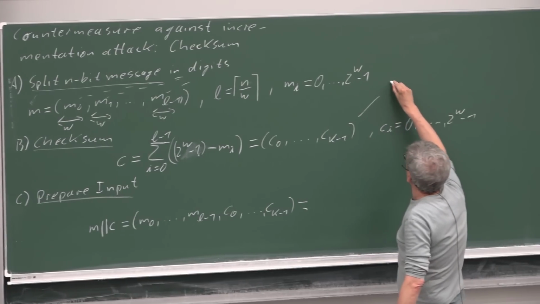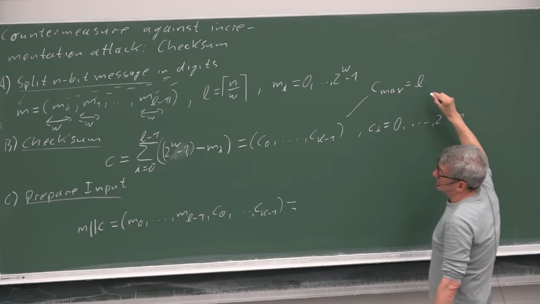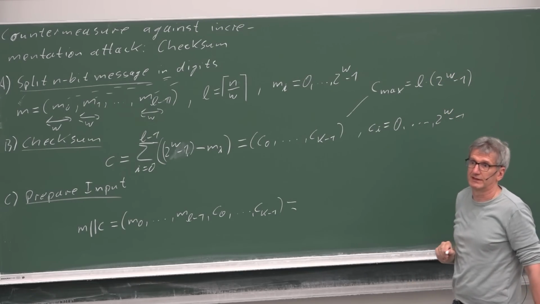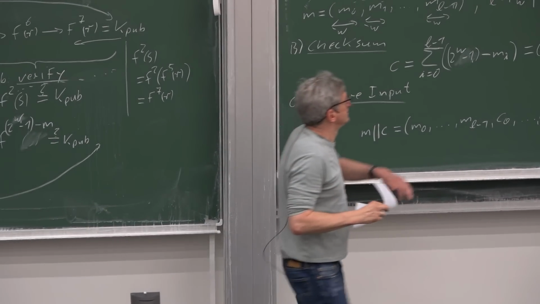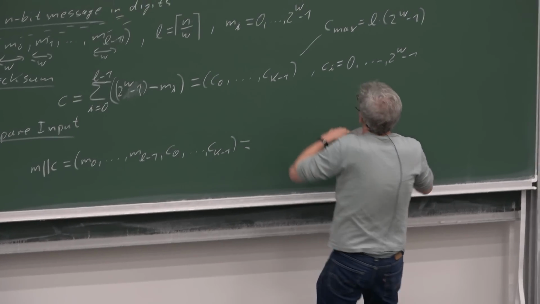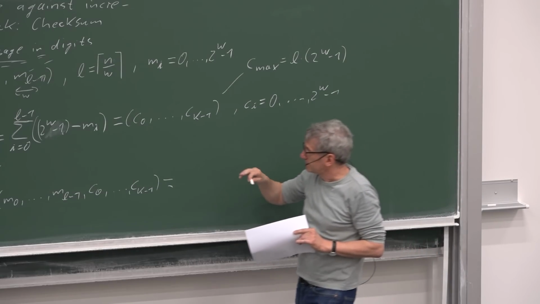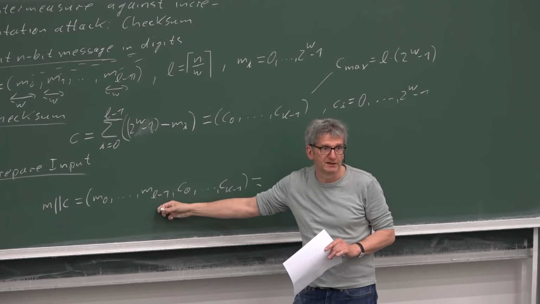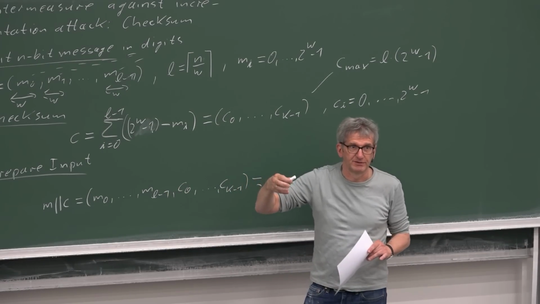So C max is L times 2 to the W minus 1. Okay. That looks bad. It's not really bad because we have already talked about the number of digits here, and this is logarithmic in L. So roughly speaking, if you have 1024 of these here, you have the binary logarithm of 1024, which is 10.